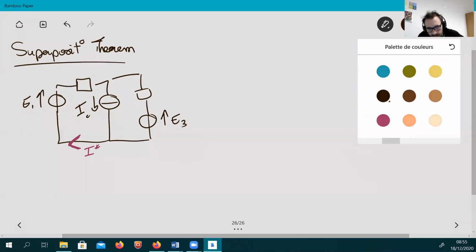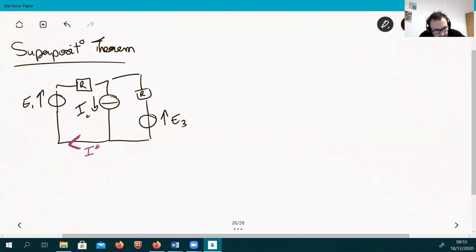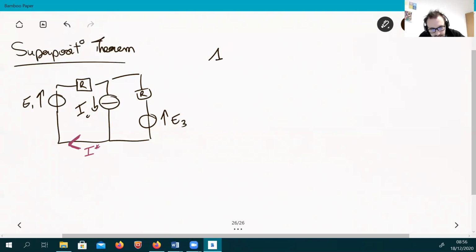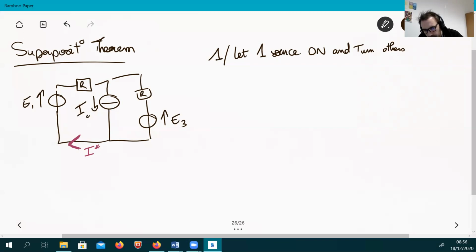The idea behind this theorem is that I can try to find the contribution of only one source at a time, which is how I'm going to use this. First thing is you let one source on and turn the others off. What does it mean?